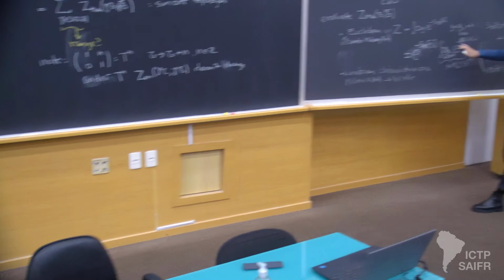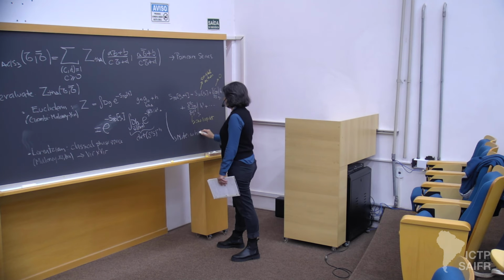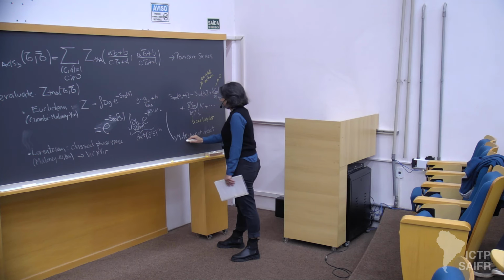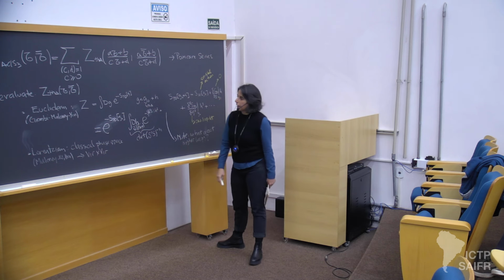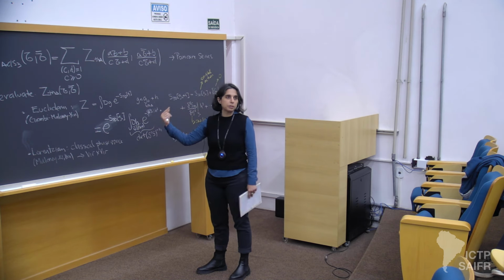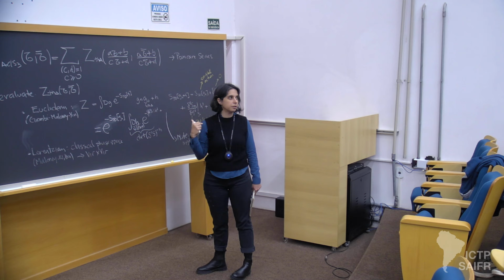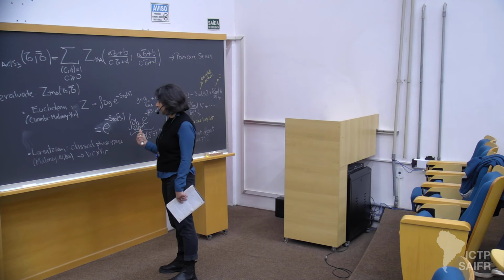The one loop correction already gave me that, but you might ask yourself, what about higher loops? And from the Euclidean point of view, you should in principle keep on doing higher loop corrections. But this is where theorists are a little bit lazy.